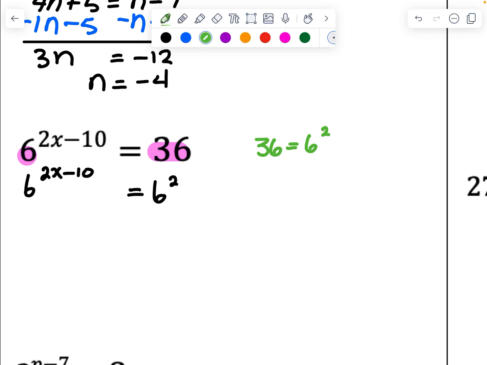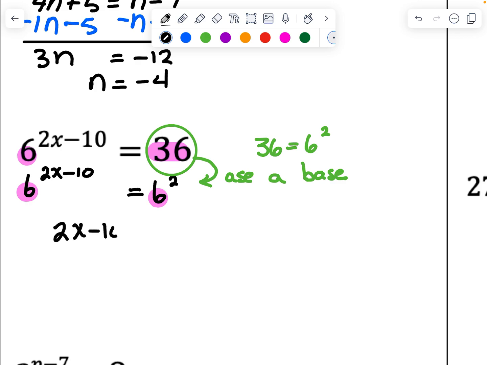In other words, I'm taking the number 36 and rewriting it as a base. And now that my bases are the same, I don't need them anymore. So I have the problem 2x minus 10 is equal to 2. So 2x is equal to 12. So x is equal to 6.